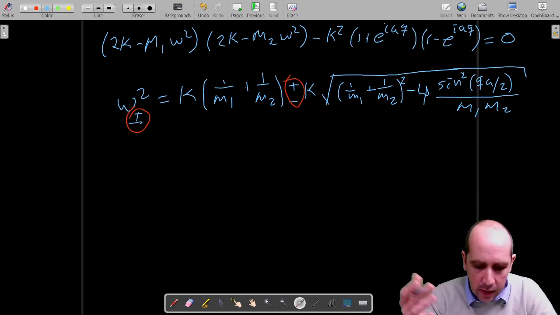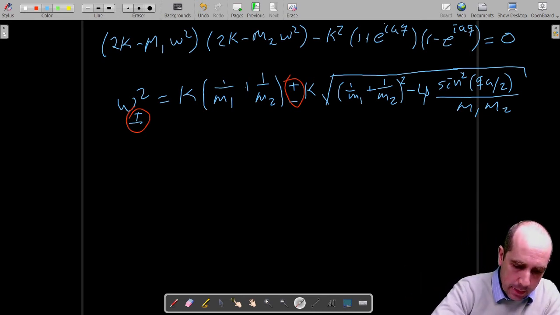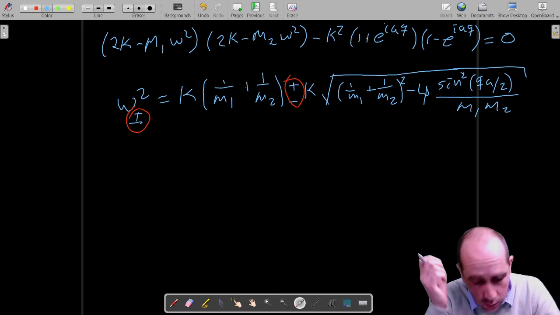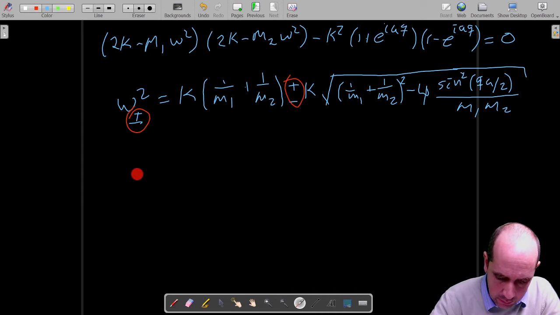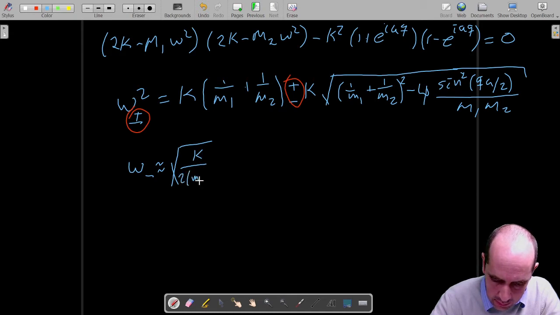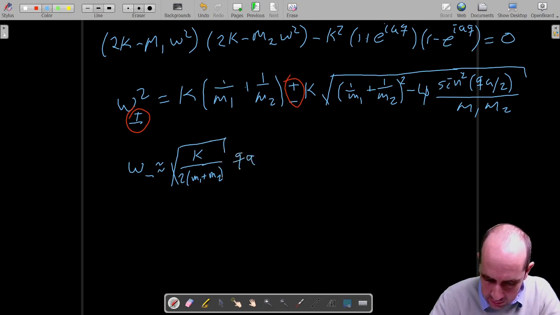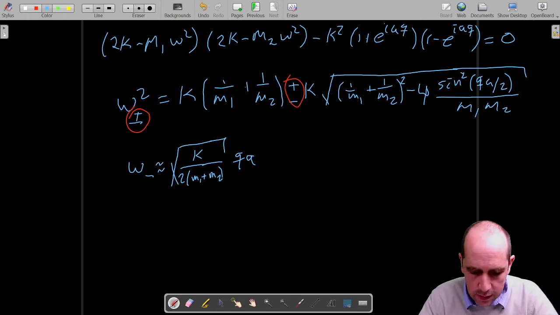And that, again, within the small q approximation, can be written as omega minus is approximately the square root of k divided by 2 times (m1 plus m2) times q times a, in the linear approximation of sine.